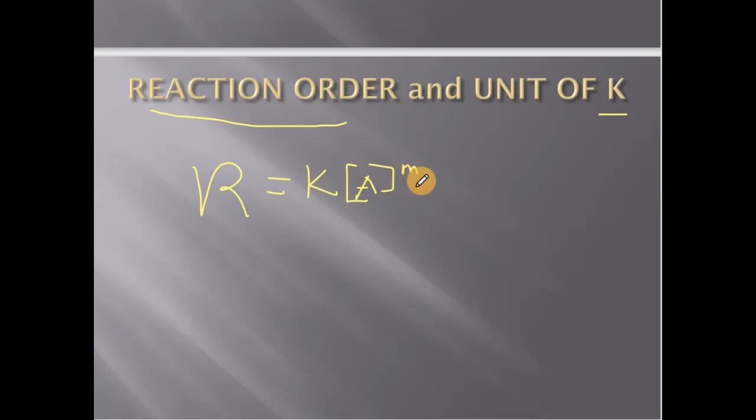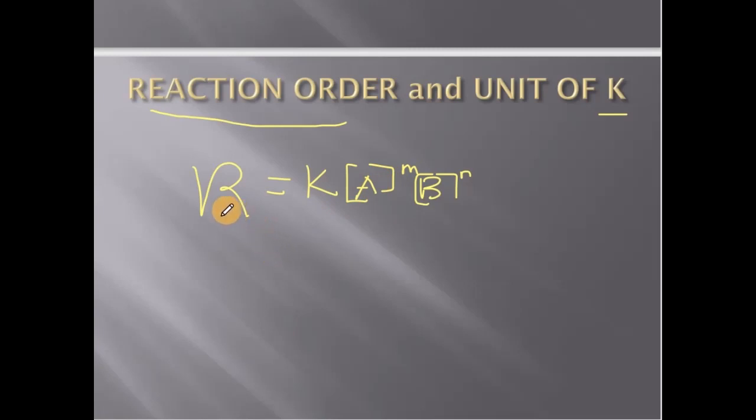The reaction order is the degree at which the individual reactant in a reaction affects the rate of a reaction. So let's say we have a bimolecular reaction with two reactants, A and B. It means each of these reactants affects the rate of reaction in different degrees, and the degree at which they affect the rate of the reaction is what we express by the reaction order.